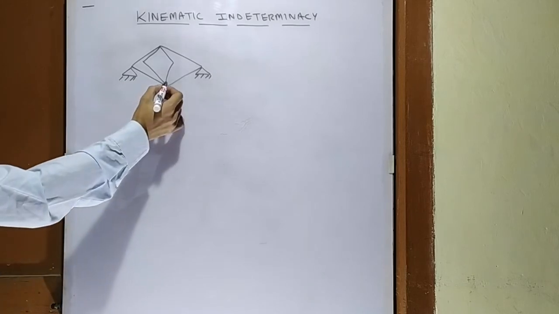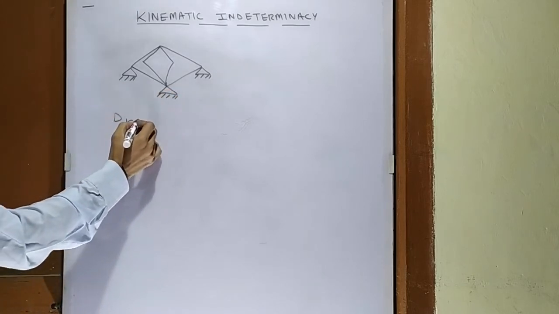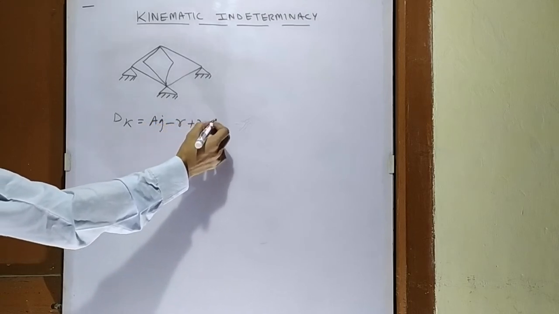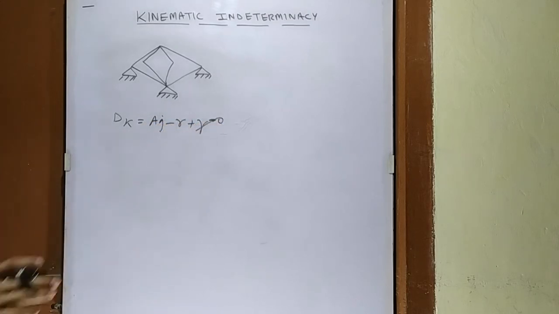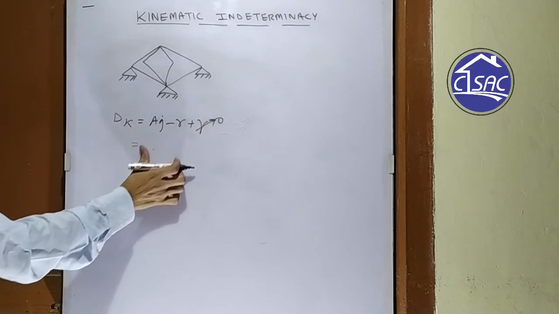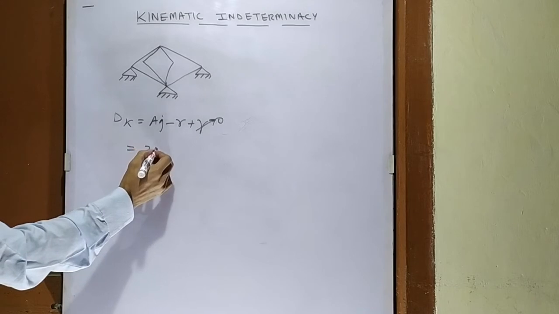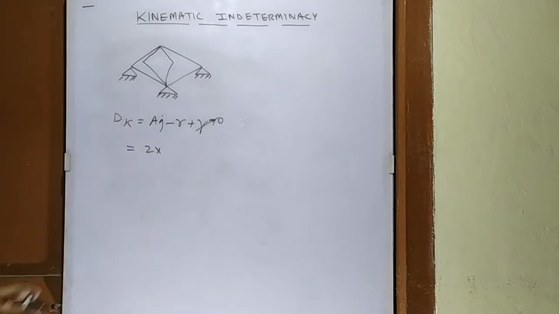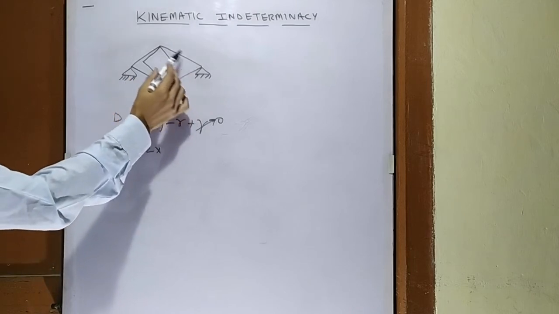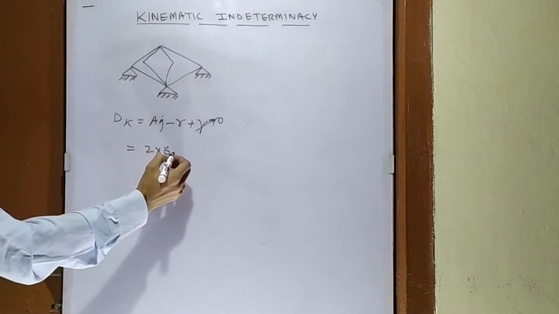Okay, so in this truss, what was the formula? aj minus r plus gamma. Gamma is 0 because there is no internal hinge, no guided roller in that structure. And what is the value of a? We know it is 2 for a 2D truss. And how many joints are there in this structure? 1 2 3 4 5 6 joints are there.